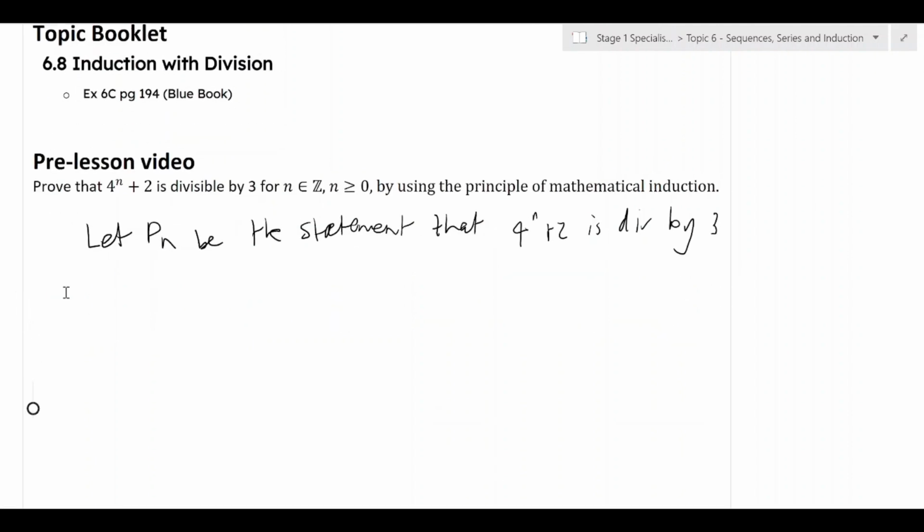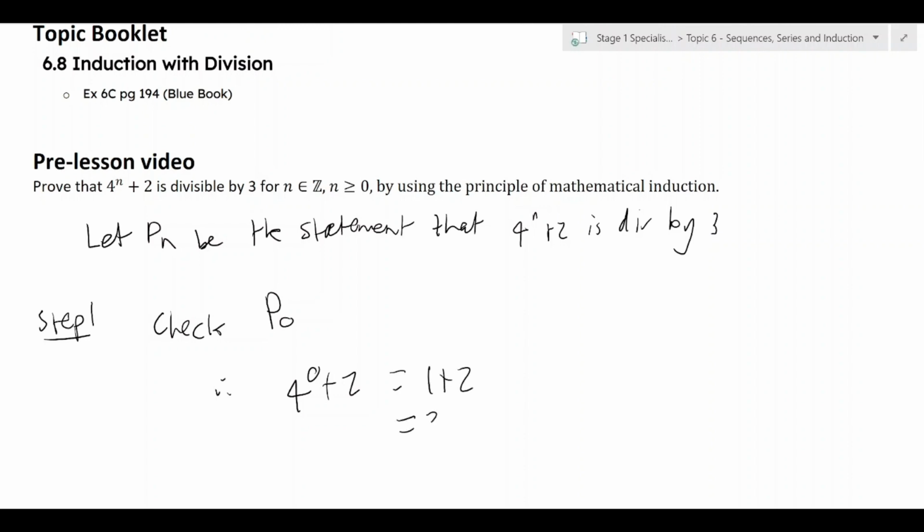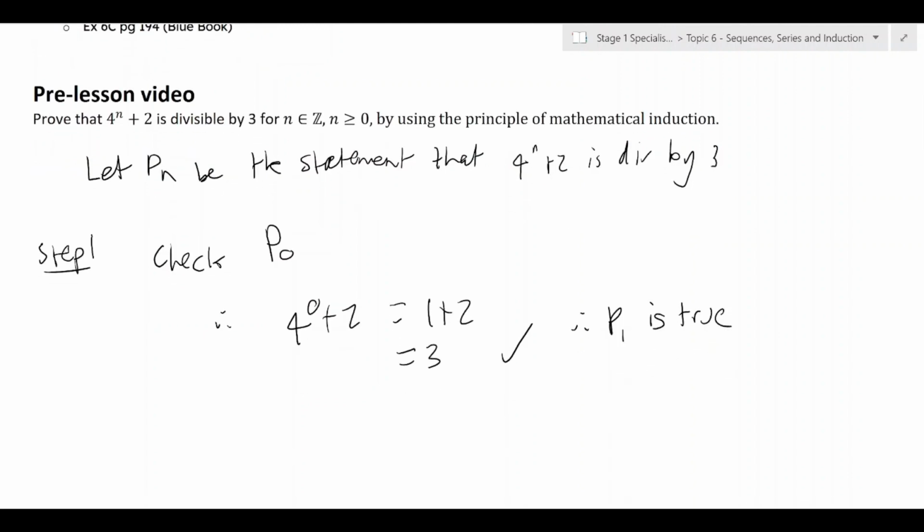So step 1 is usually to check P1, but we're not starting at 1, we're starting at 0, so you could check P0. Therefore, 4^0 + 2 equals 1 + 2, which is 3. Therefore, P0 is true. So step 1 is done.